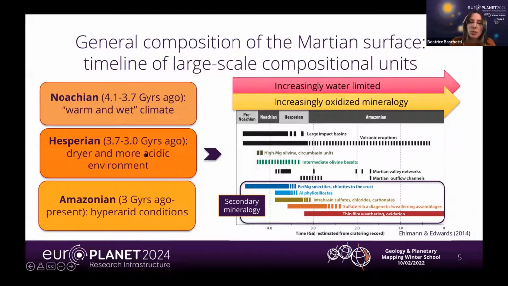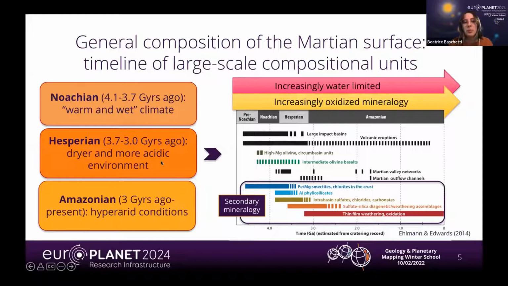The Noachian epoch goes from 4.1 to 3.7 billion years ago, and it is thought that during this period Mars had a warm and wet climate, so with a thick atmosphere and water on the surface. And the mineralogy reflects the conditions of the environment. So the dominant alteration mineralogy of this period is clays.